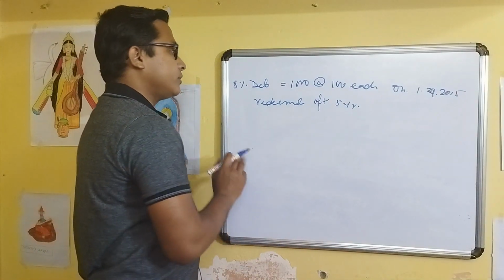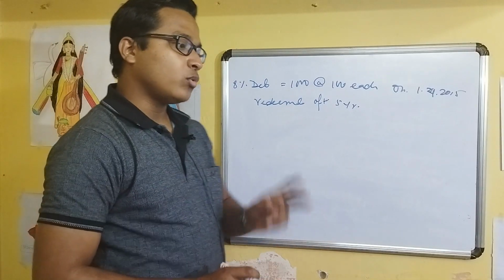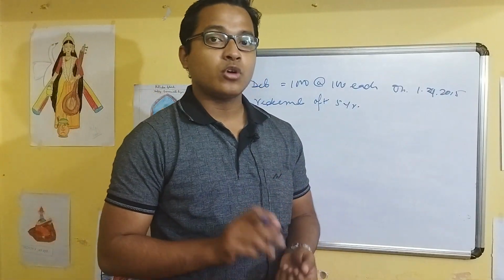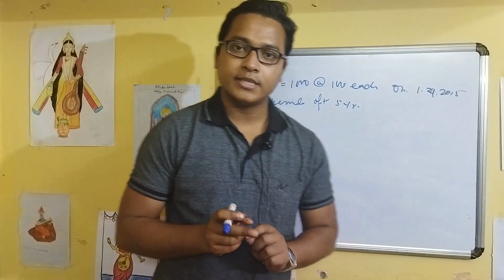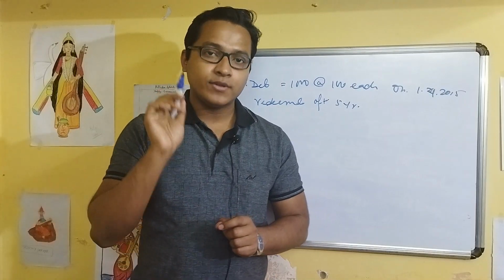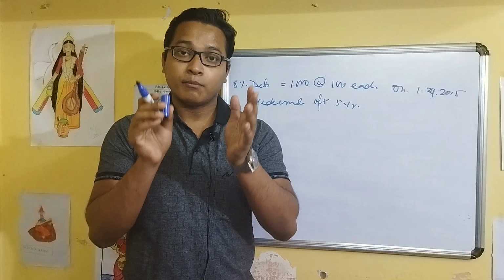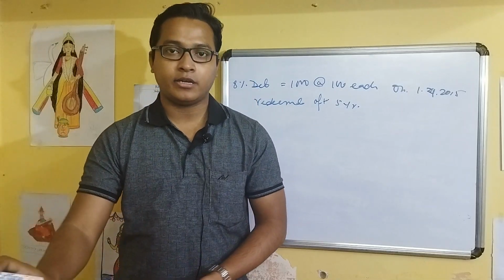Now in your sum it is written that we have to make two additional provisions to comply with the Companies Act, that is a DRI, which is equivalent to 15% of the debentures maturing for repayment.